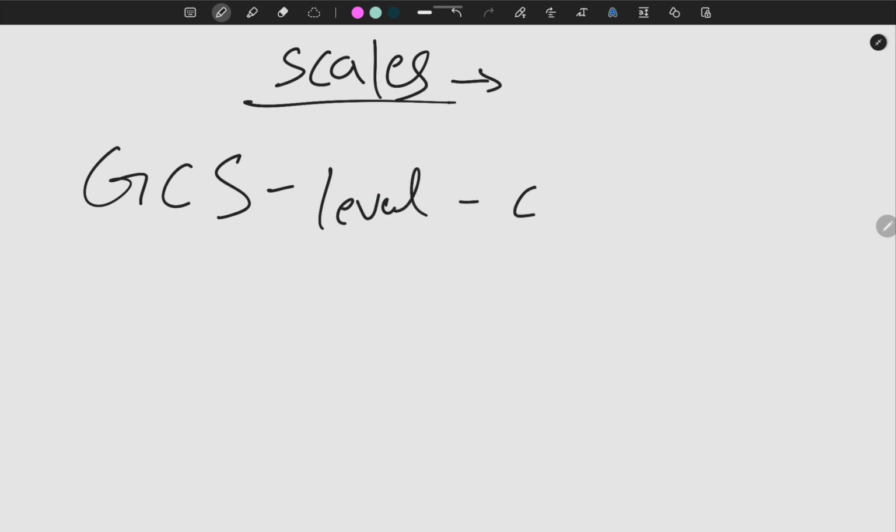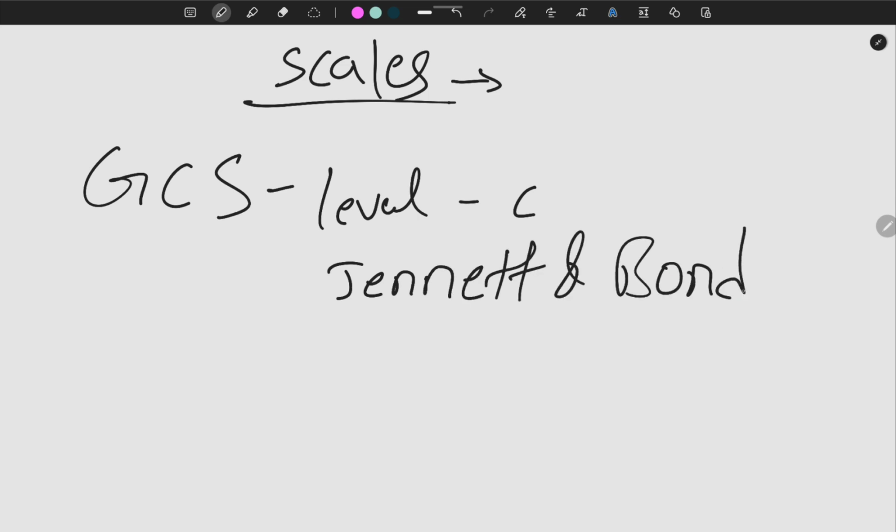Level of consciousness. This scale was developed by Jennett and Bond, who developed the Glasgow Coma Scale in the year 1975.